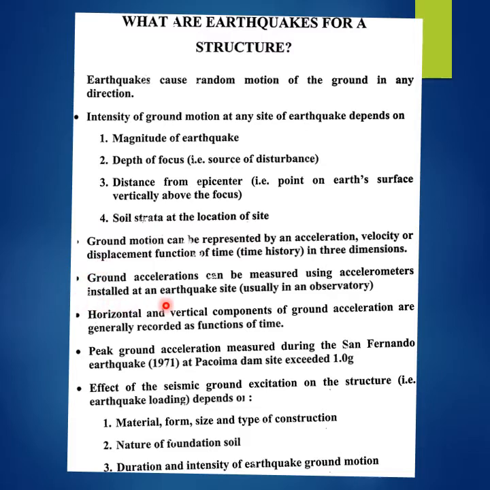The ground accelerations are the easiest to measure, since ground accelerations that are caused by an earthquake ground motion can be measured using accelerometers, that is piezoelectric accelerometers installed at an earthquake site, usually in an observatory near the earthquake site or the building site.